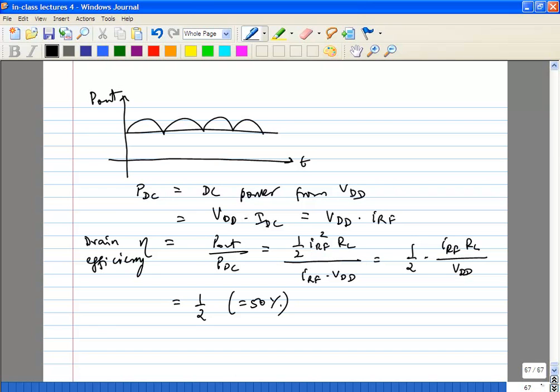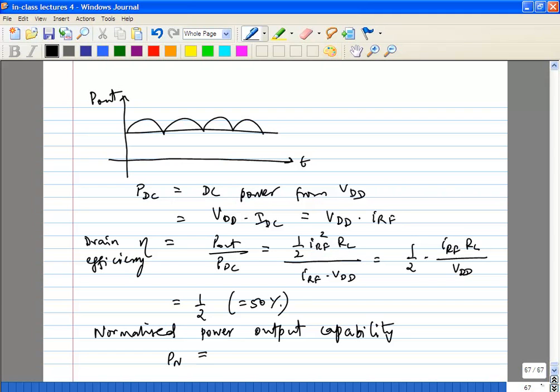Now you're also going to define something called the normalized power output capability. We'll call it PN. This is defined as the ratio of the maximum power you are delivering to the load over the product of the peak values of VDS and ID.